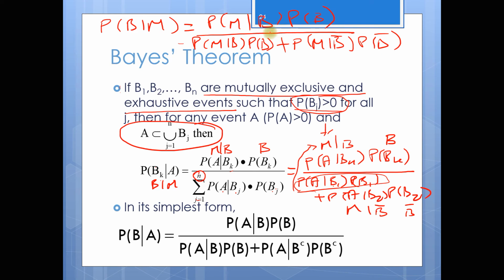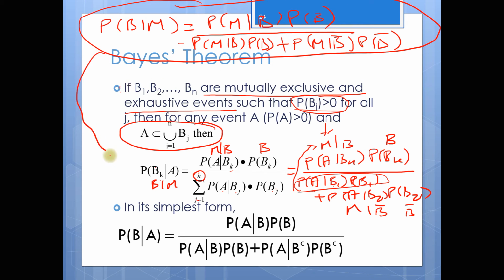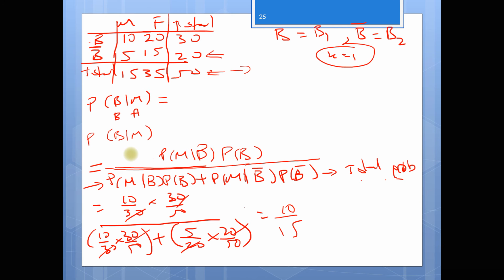So let's have a look now. Is what I wrote here, according to the formula that you got here, the same thing as what I explained earlier? So m given b times b over m given b times b plus m given b dash times b dash. M given b times b, m given b times b plus m given b dash times b dash.